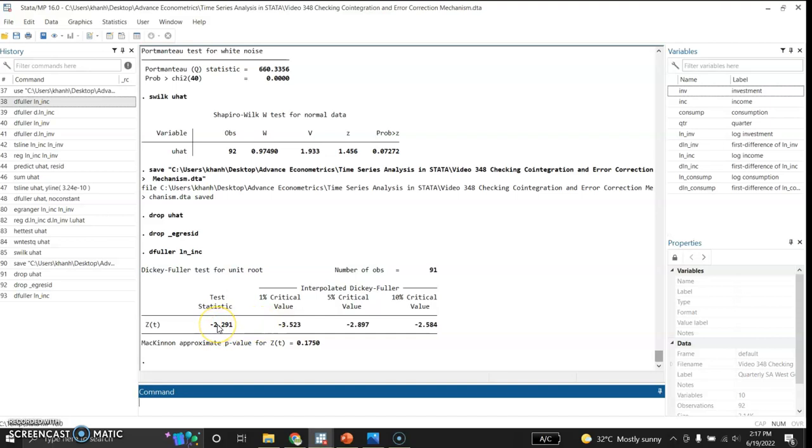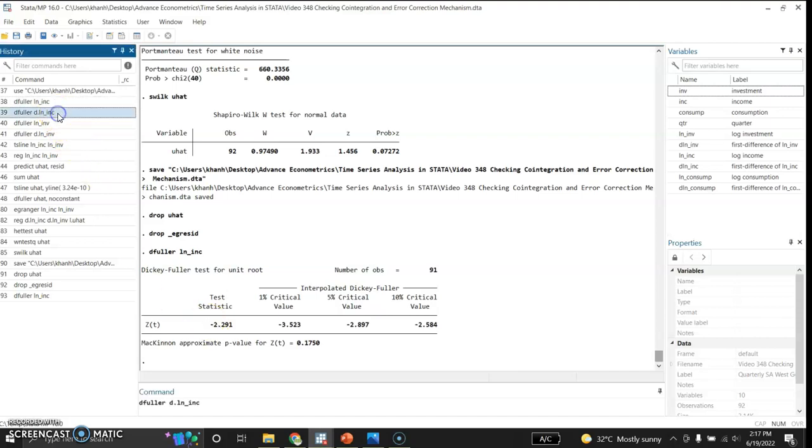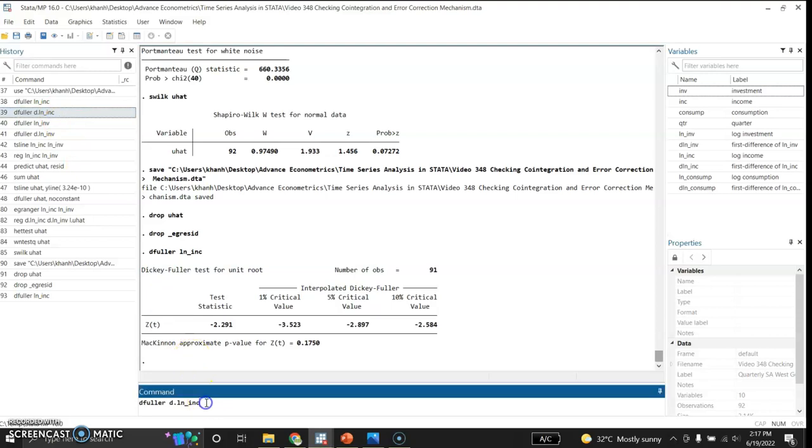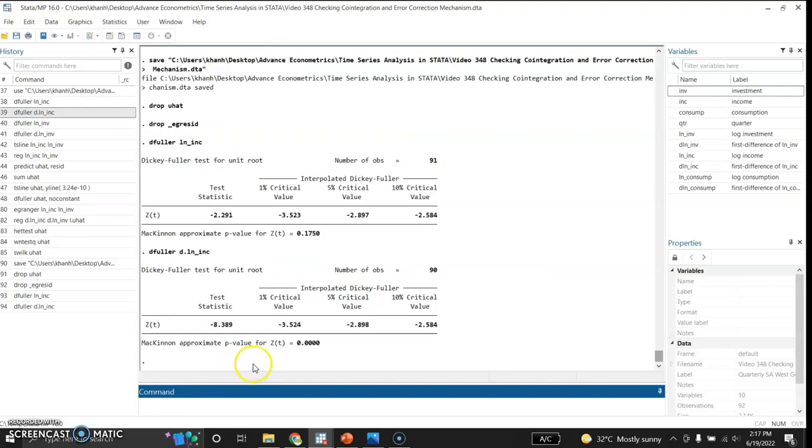So we fail to reject the null hypothesis, and the log of income is non-stationary, it has a unit root. However, if I check its stationarity using the first difference of log of income, then the p value is 0.00. So we reject the null hypothesis, and we conclude that the natural log of income in its difference form is stationary, it doesn't have a unit root, so it is integrated of order 1.